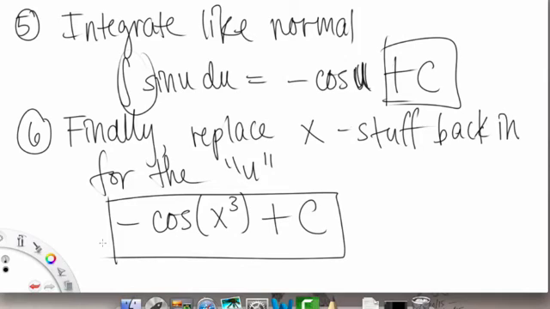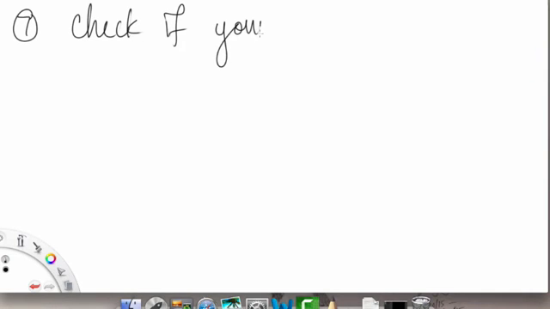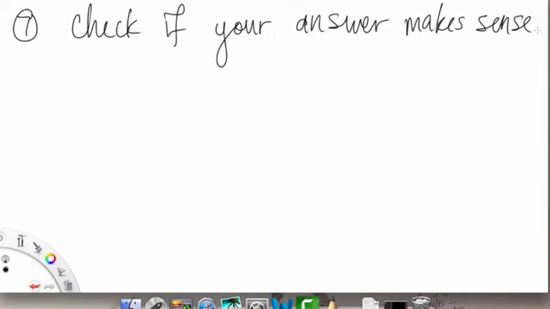And then I'm going to introduce a step 7, which is optional, but I highly recommend it. So step 7, like I said, is optional, but suggested. We're going to check if your answer makes sense. In this case, what I mean by that is taking our answer, negative cosine of x to the third plus c, and deriving it with respect to x.